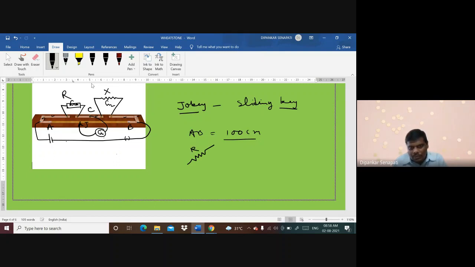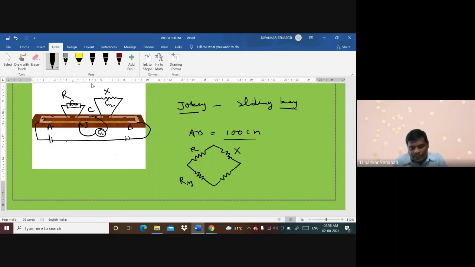From C to B there is another resistance, the unknown resistance X. From A to J, the simple wire also has some resistance. What is the resistance here? R_AJ, the resistance of the part of the wire AJ.